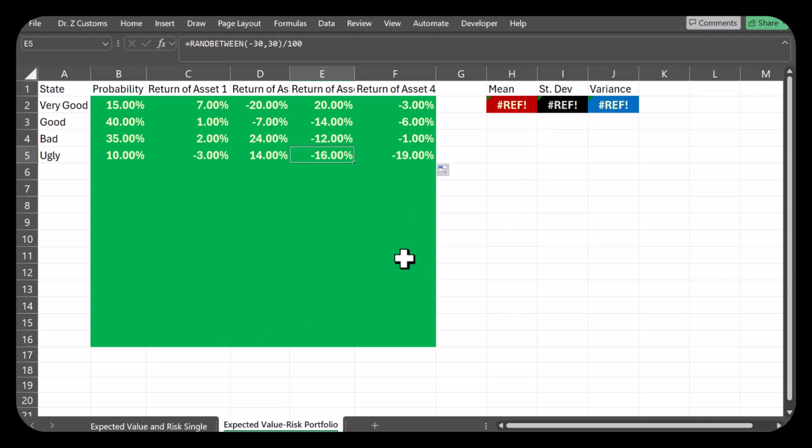And for each of these, I have dollar amounts. I'm gonna calculate expected value. Actually, I don't even have to do that.